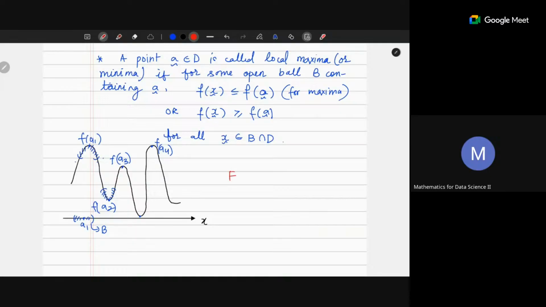Now let me state it as a fact. At a local extrema, A tilde in D, the gradient of f at A tilde is 0 if it exists.